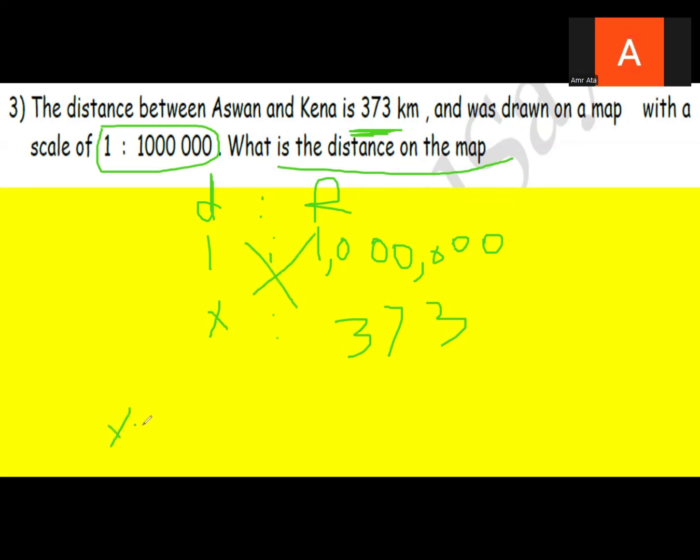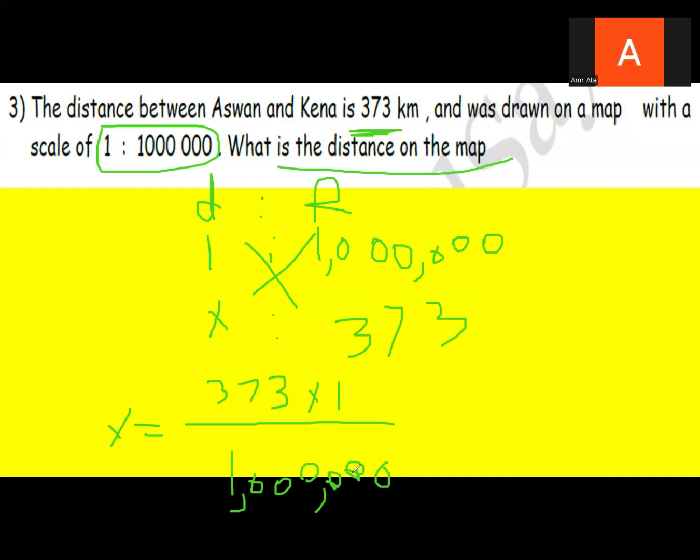X equals. The number which is opposite to X is 1 million. I put it in the denominator. 1, 2, 3, 4, 5, 6. And 1 times 373. 373 times 1.